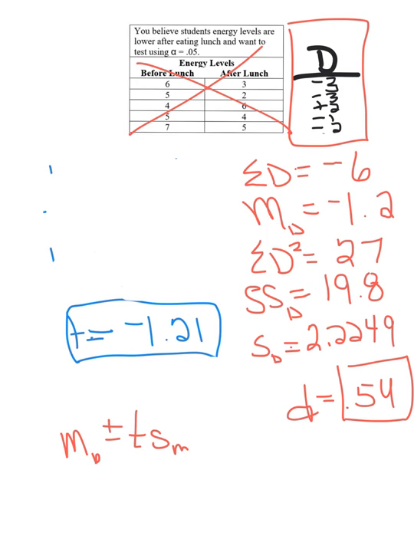And I probably should have kept the estimated standard error written down, so I'm going to write that down really quick so that we have it. Bear with me. So our estimated standard error of the difference is 0.99, I think that's what it was. Let's see, 1, 2, 3, 4, 5, yeah.